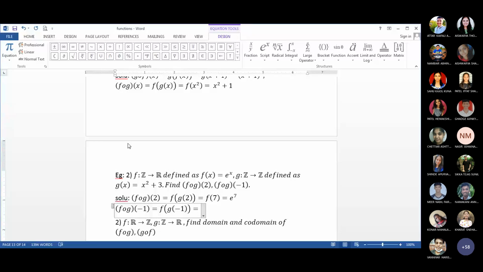So can you tell me what the answer will be? f of g of minus 1 is e raised to 4, because g of minus 1 is 4. So I get the answer as e raised to 4.